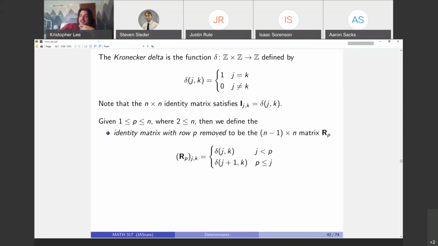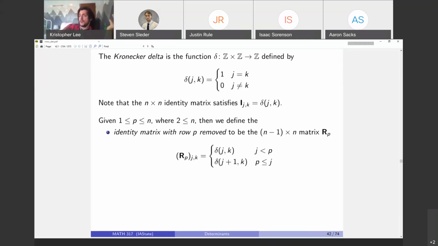So this takes the identity matrix and just removes one of the rows first. So if you were to look at the 3x3 identity matrix, then R2 deletes the second row. So you'll end up with a 2x3 matrix, specifically 100001. And here it is more formally stated.